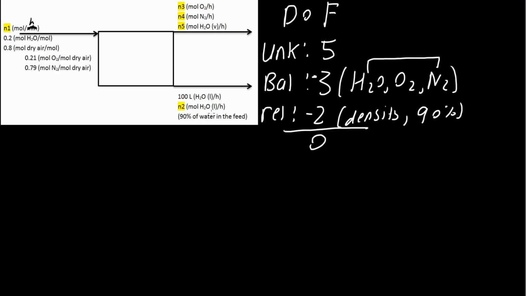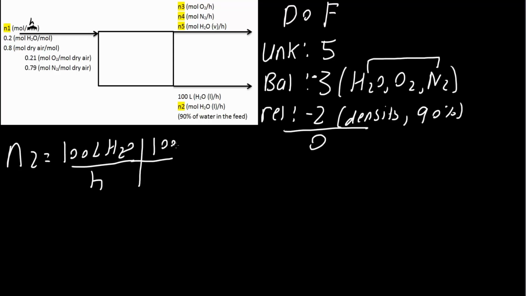Now we can first solve for N2 using this relationship right here. N2 is equal to 100 liters of H2O per hour. We know the density of water can be written as 1,000 grams of H2O per liter. That's one way to write density for water. So we cancel liters. We have grams per hour, but we want moles per hour.